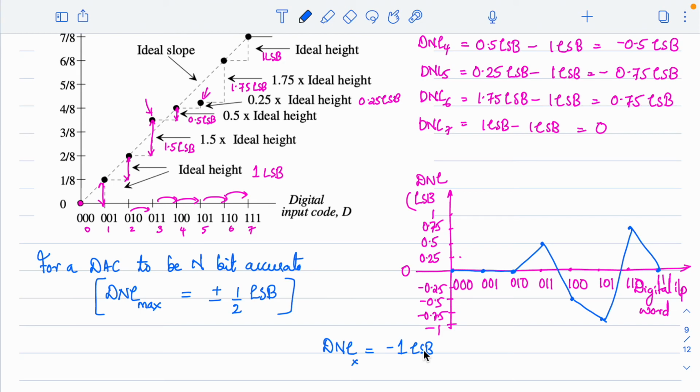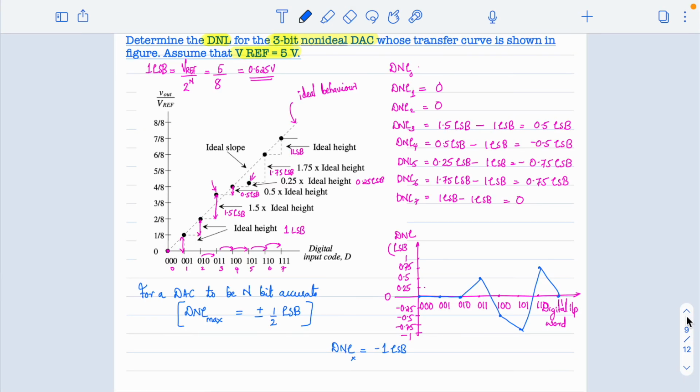If you are getting DNL as -1 LSB, what is the meaning? Yeah, it is inaccurate. That is true. Offset by 1 bit, no rise, error in 1 bit. Yes, true.